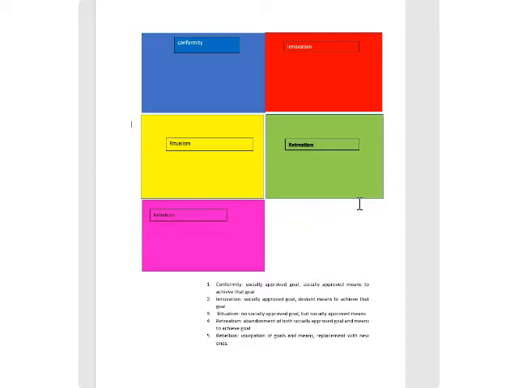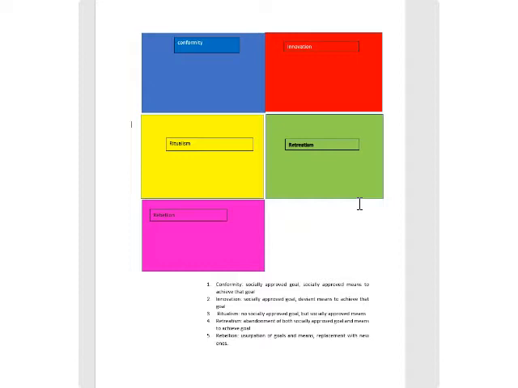Okay, if you look up in the left-hand corner in the blue square, we have something called conformity. This is Merton's explanation for when you have a socially approved goal and a socially approved means to achieve that goal. Let's talk about our $100,000 question for a minute.